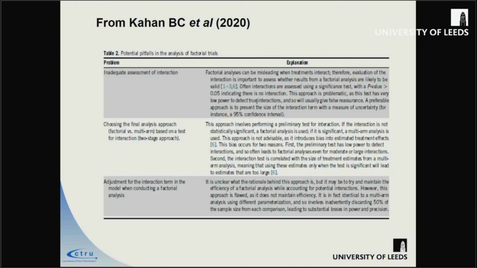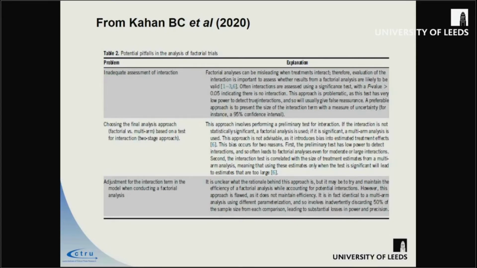And slightly worse is that I had a conversation with Brendan Kahn about a year or so ago about this, and I said to him, why can't you just include the interaction in the model? So he's now in his paper, and I hope it's not because of me, has decided that one of the potential pitfalls of an analysis of a factorial trial is including the interaction in the model.